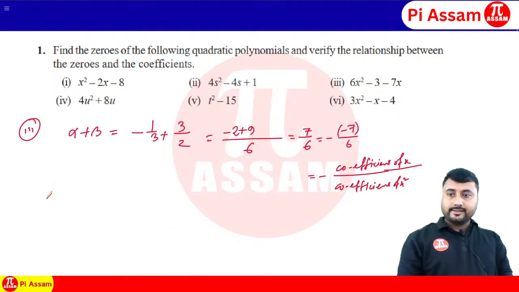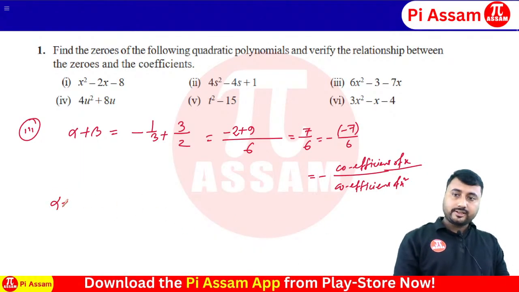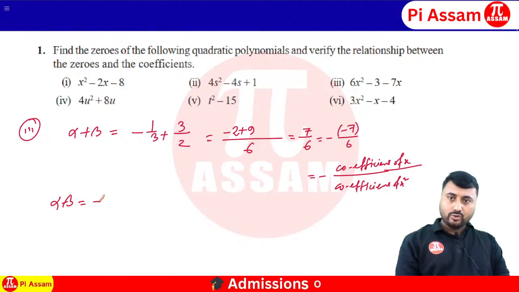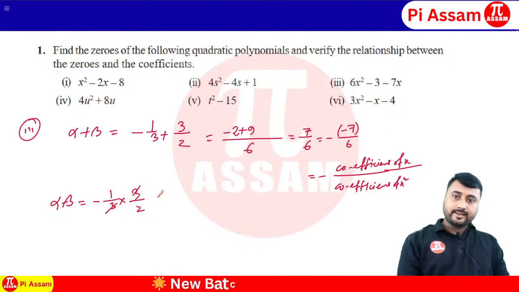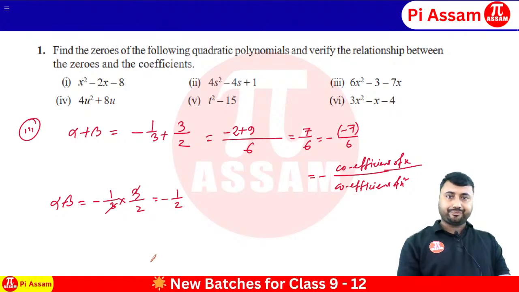Okay, and similarly the first relation is verified. Alpha into beta is equal to minus 1 by 3 into 3 by 2. 3 cancels out, it will be minus 1 by 2.